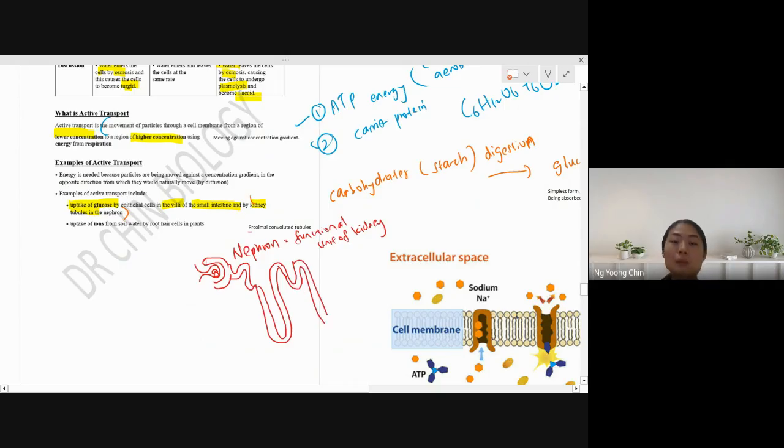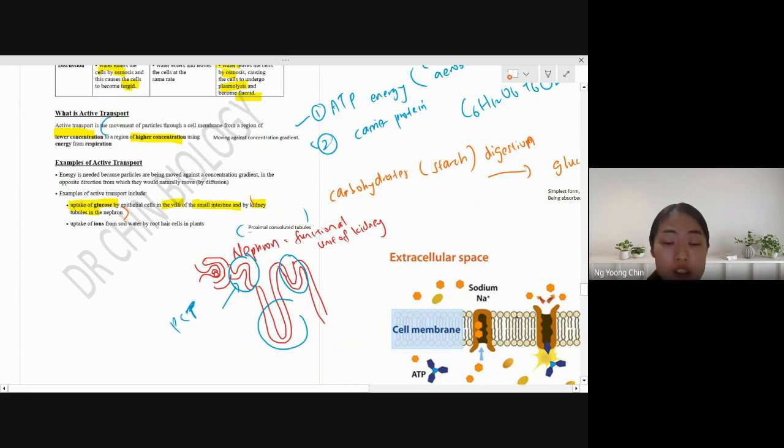Sorry, my drawing is not too good, but this is what we call the kidney tubule. We have this part, and this part. Then let me talk about this part, because this part we call the proximal convoluted tubule, which we call the PCT. I will draw it as PCT.